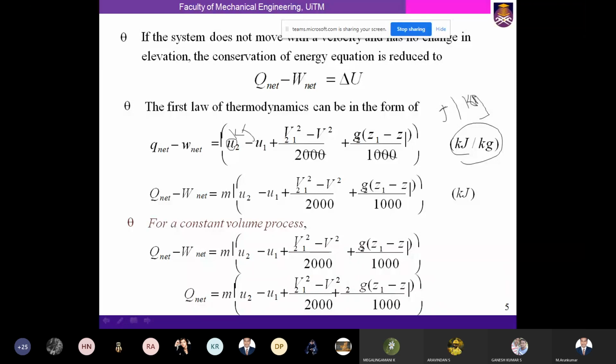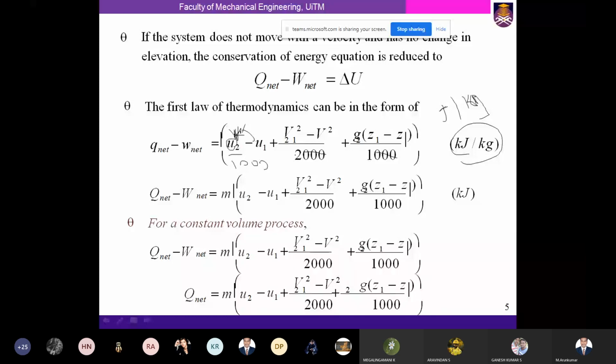If you substitute the internal energy values in kilojoules, we have to use 1000 in the denominator of both the kinetic energy and potential energy. If you use the internal energy in joules, how can we convert this kilojoule of internal energy into joule? Just by dividing by 1000.